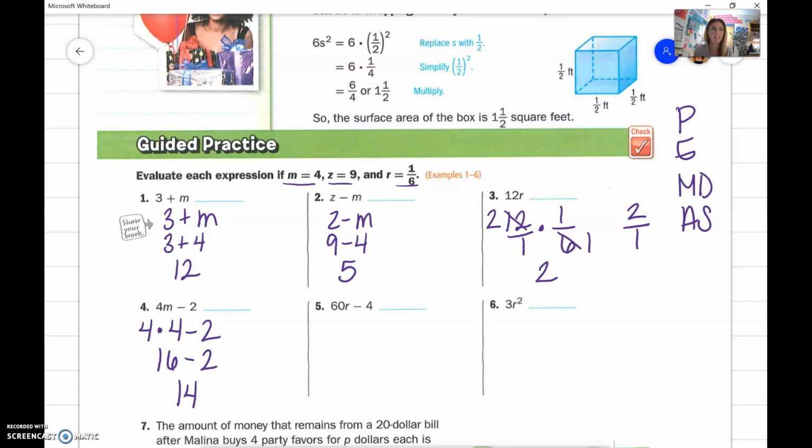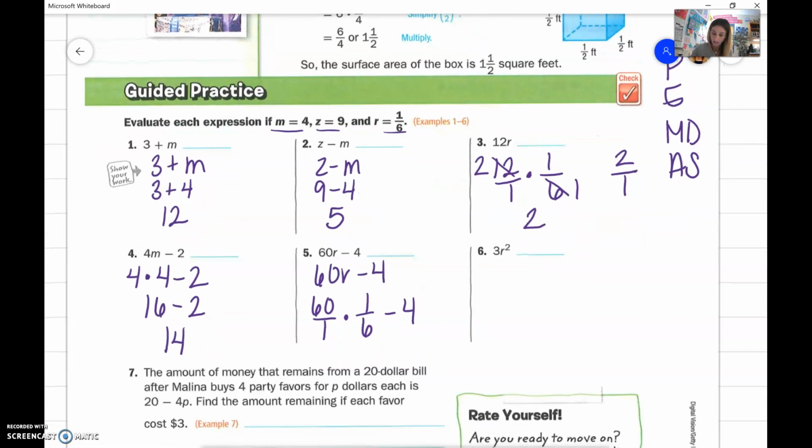Moving on. 60R, number and letter together, minus 4. I'm going to replace the R with 1/6. So I have 60. Since I know it's a fraction, I'm going to put that over 1, times 1/6, minus 4. I can cross simplify right here. Parentheses, none. Exponents, none.